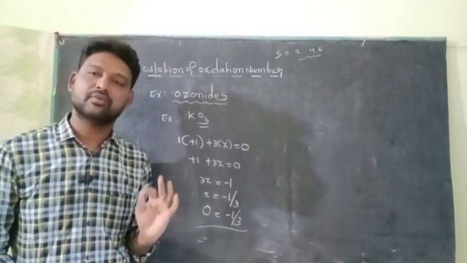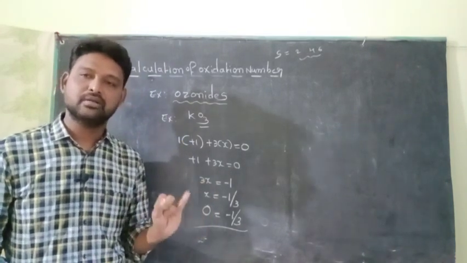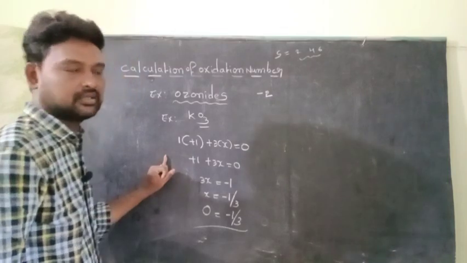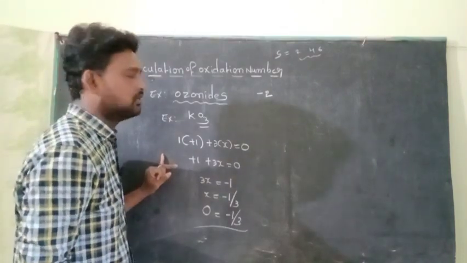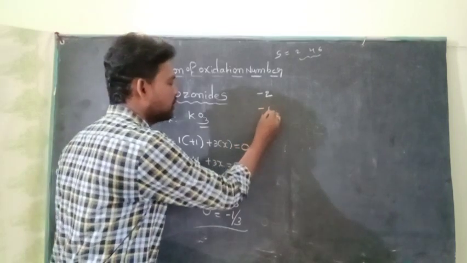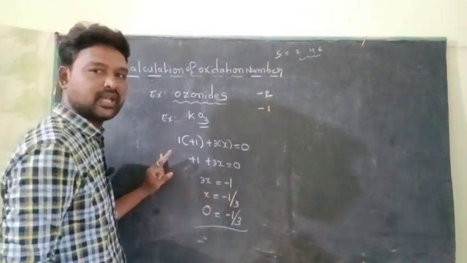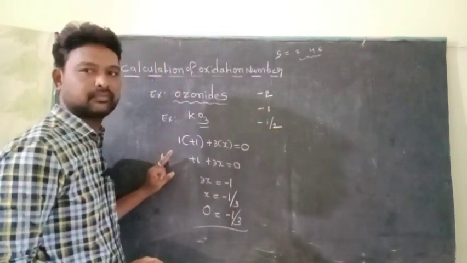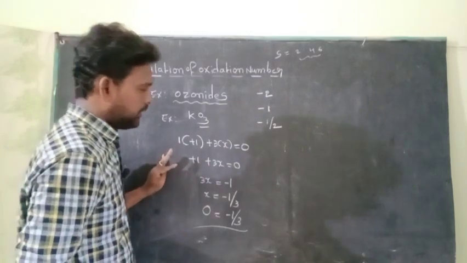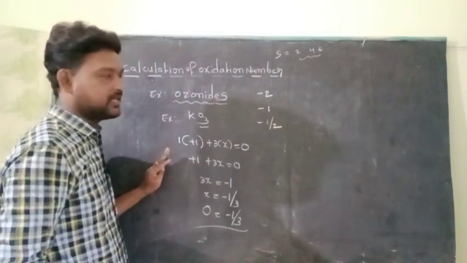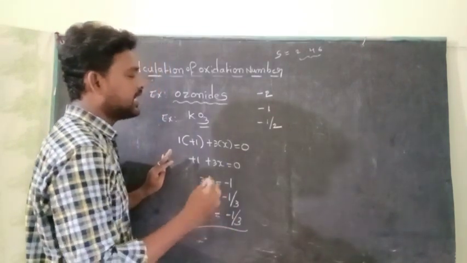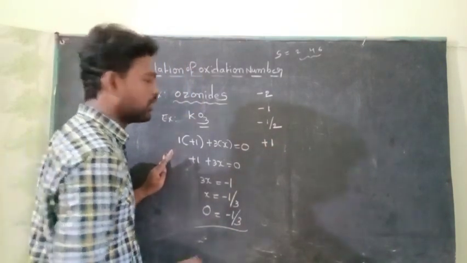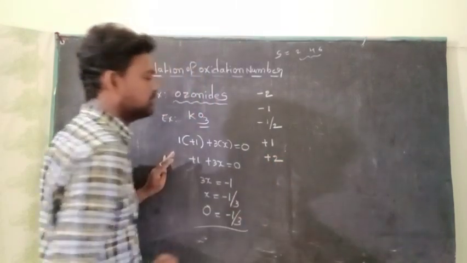So different types of oxygen atoms exist. The first one, the common oxygen atom, has a -2 oxidation number. In peroxides, oxygen has a -1 oxidation number. In superoxides, oxygen has a -1/2 oxidation number. Next, oxyfluorides: in dioxydifluoride, oxygen exists with a +1 oxidation number, and in oxydifluorides, +2 oxidation state.